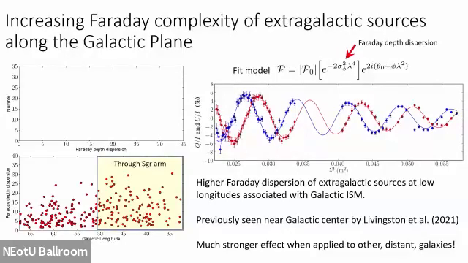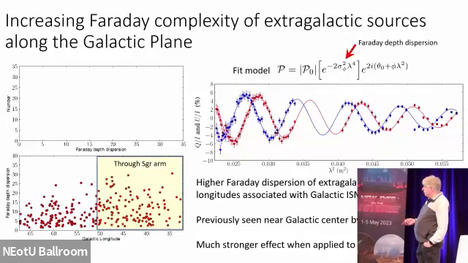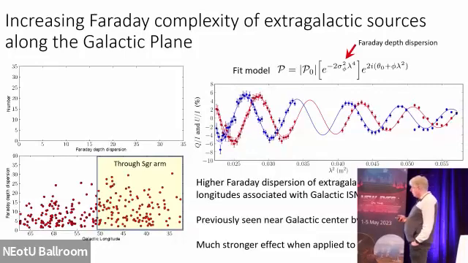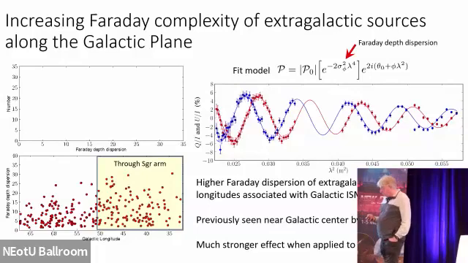Now if we measure that along the plane, then we see it actually increases this Faraday depth dispersion. There was supposed to be a histogram here, and I could convince you that it's about a 99% confidence effect. We see a higher dispersion at the lower longitudes.